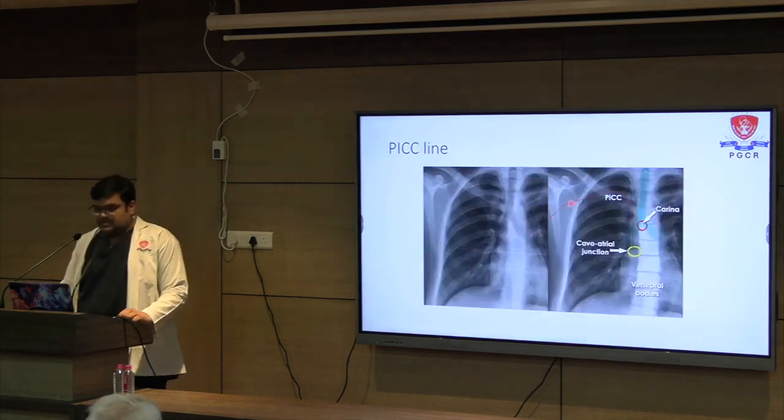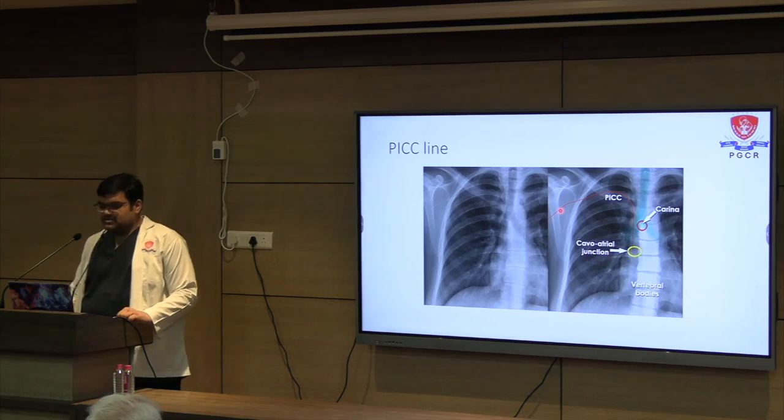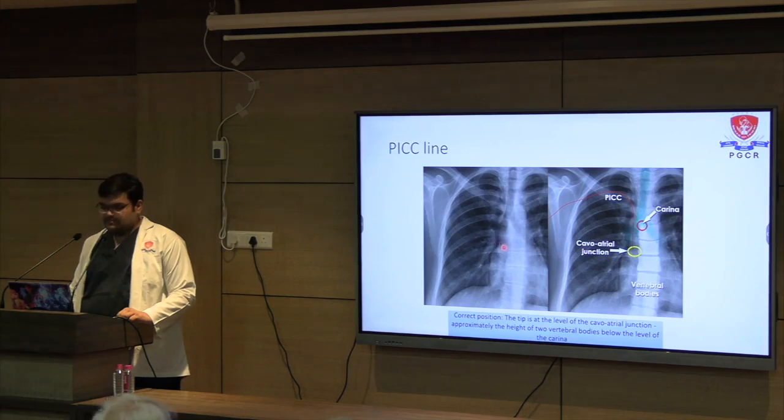The PICC line is a peripherally inserted central catheter, correctly located with its tip at the cavo-atrial junction, approximately 2 vertebral bodies below the level of the carina.